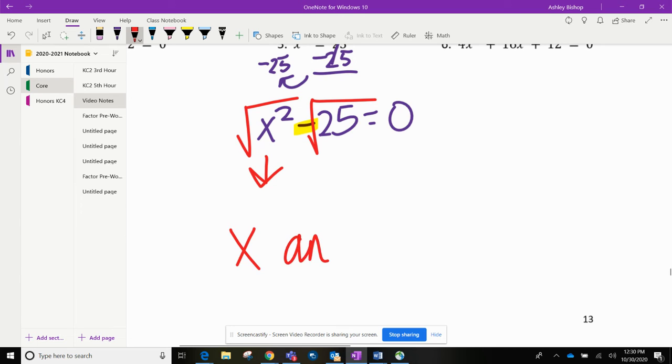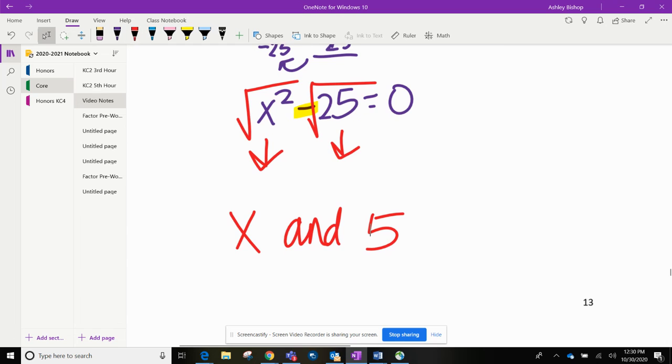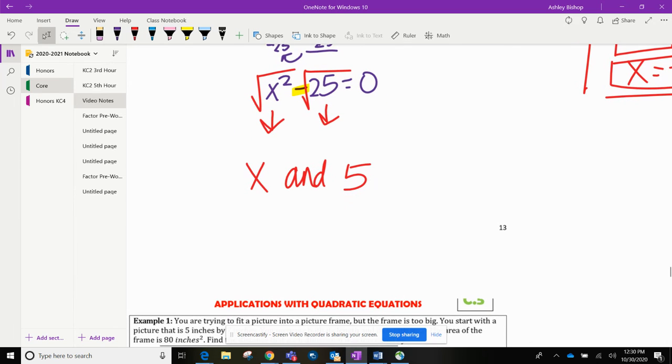It's not x squared, so be careful, it's just x. And the square root of positive 25, we leave that negative out in the middle. The square root of positive 25 is 5. And remember, we write our answers like this. So we have x plus 5 and x minus 5. Please go back and look at the notes if you don't remember this.